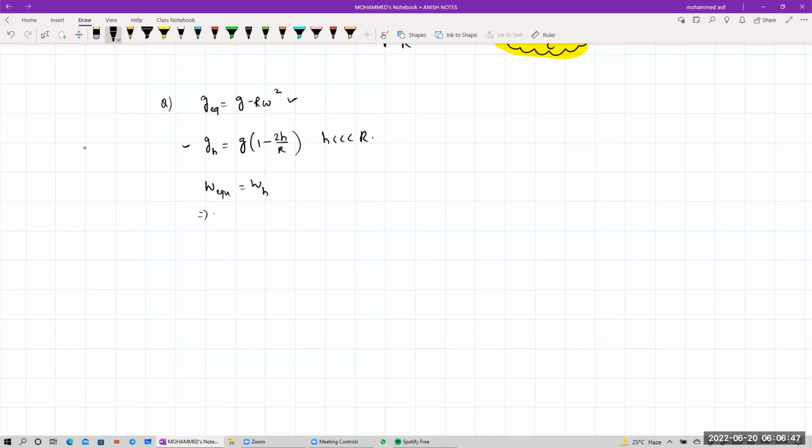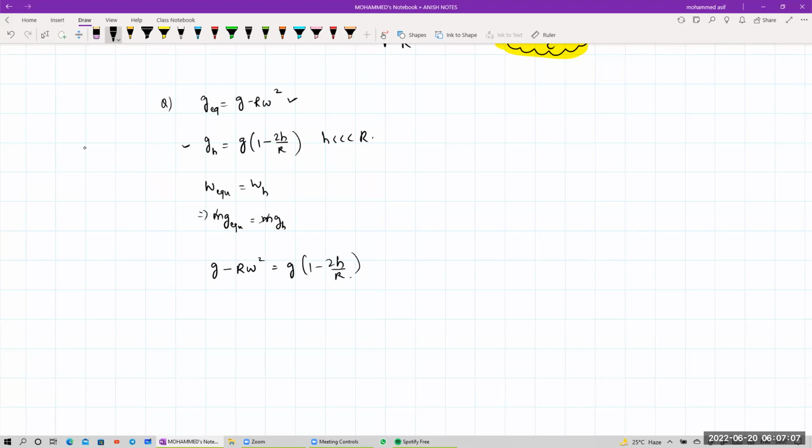Weight means m into g at your equator will be equal to m into g at a certain height. So g minus R omega square is equal to g into 1 minus 2h divided by R.